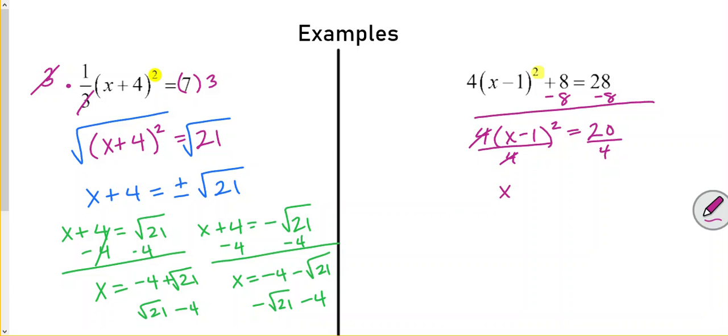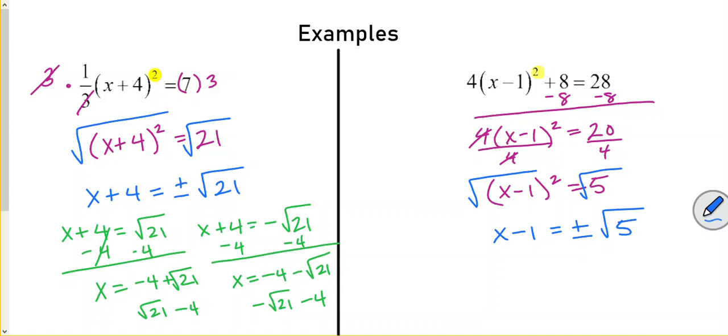So that gives me parentheses x minus 1 squared is equal to 5. Now that I have the exponent by itself, I have to take the square root of each side. So that leaves me with x minus 1 is equal to plus or minus. You cannot take the square root of 5, so we just leave it as the square root of 5.